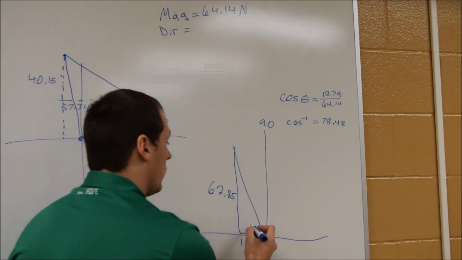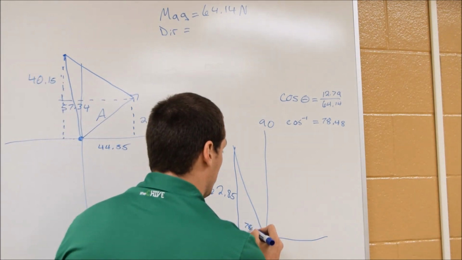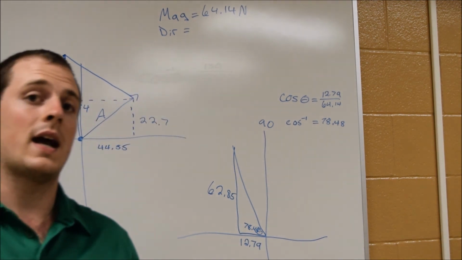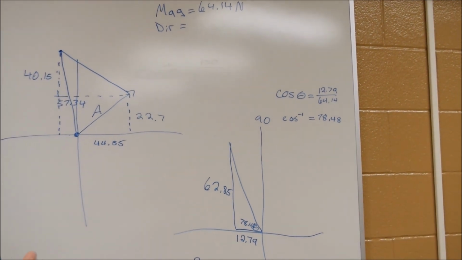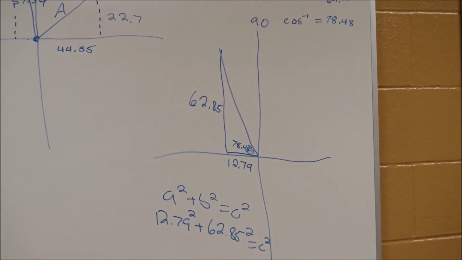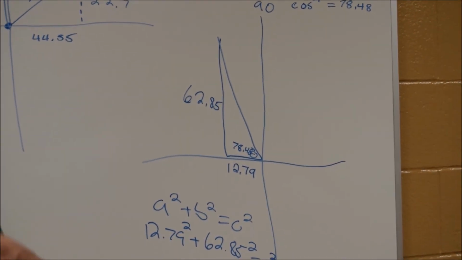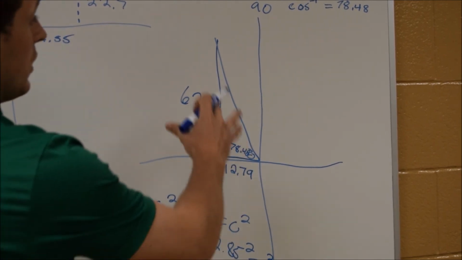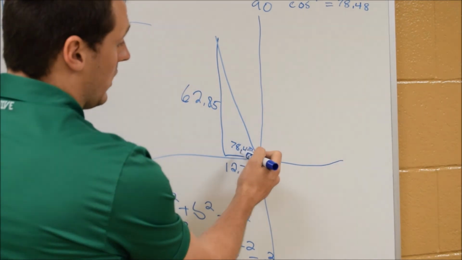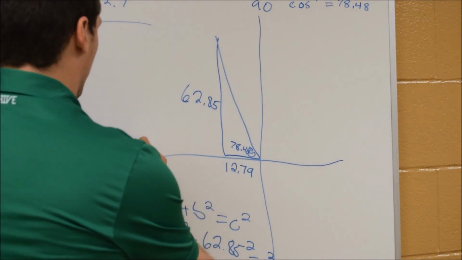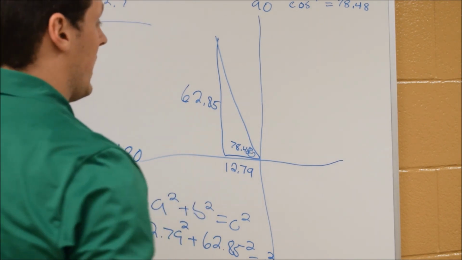So we know that this angle here is 78.48, which is why I suggested drawing it out the way that I did. I know it takes a little bit longer than what Dr. Ricard does, but this way you eliminate any guessing of whether you add 180 or subtract 180. Since we know what it looks like and we know this angle is 78.48, we know this side to be 180.